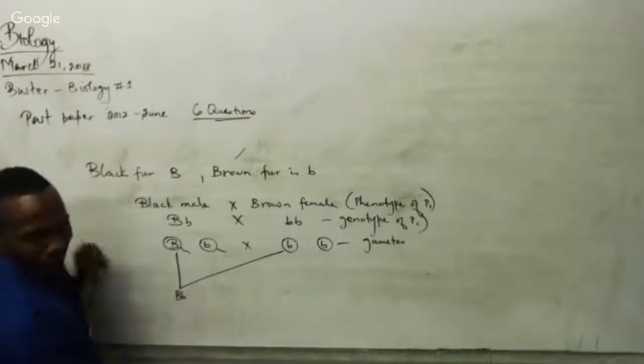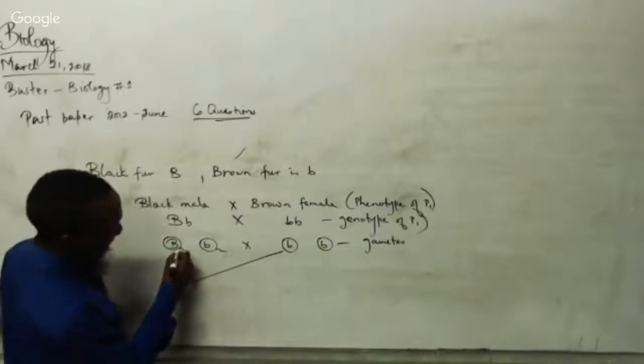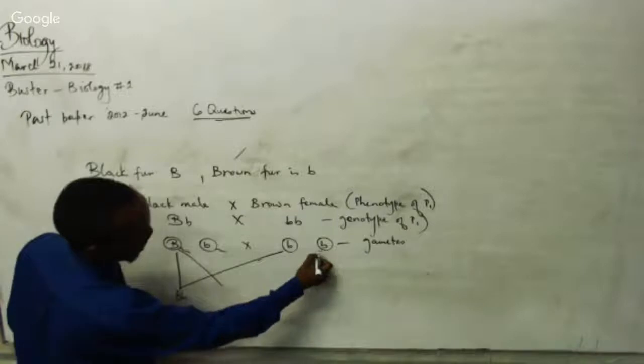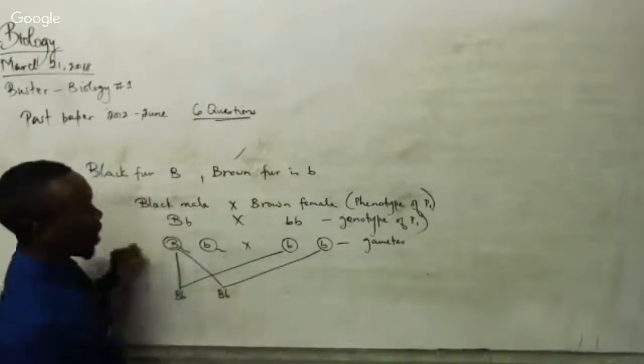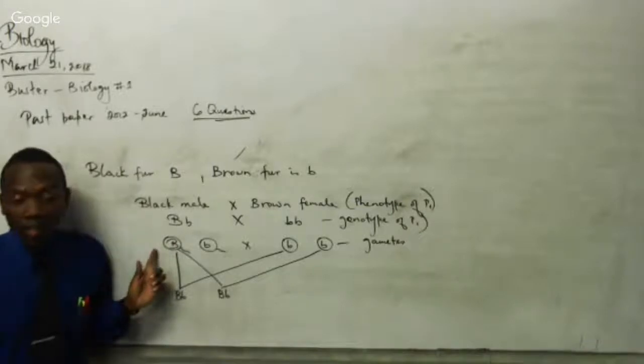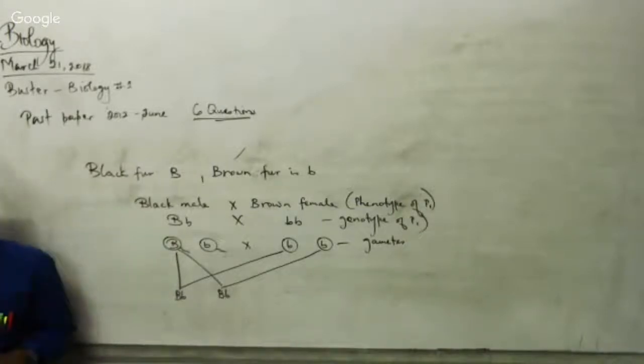First to first is going to give you big B, small b. First to second is going to give big B and small b again. You always write the dominant allele first. And if you are working with A and B, you write the first letter of the alphabet first.